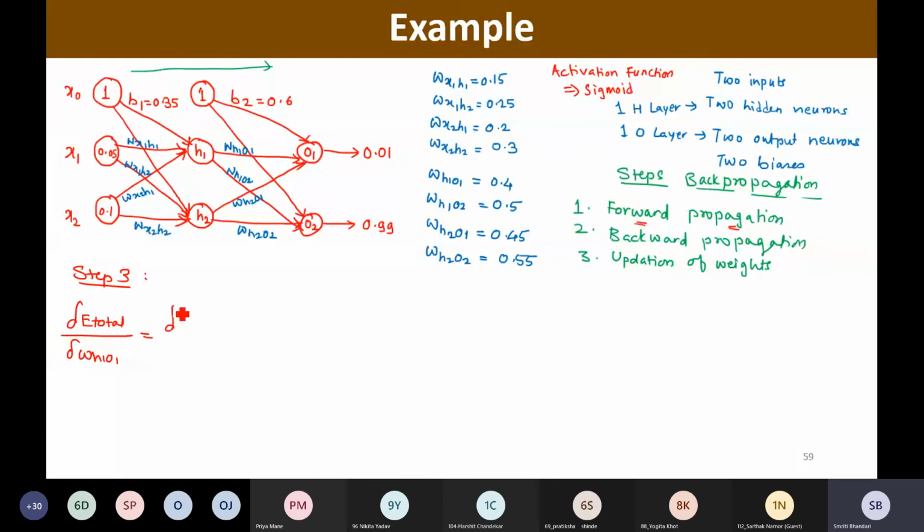So partial derivative of E total with respect to out O1, into partial derivative of out O1 with respect to net O1, into partial derivative of net O1 with respect to WH1O1. We have computed all these three terms.